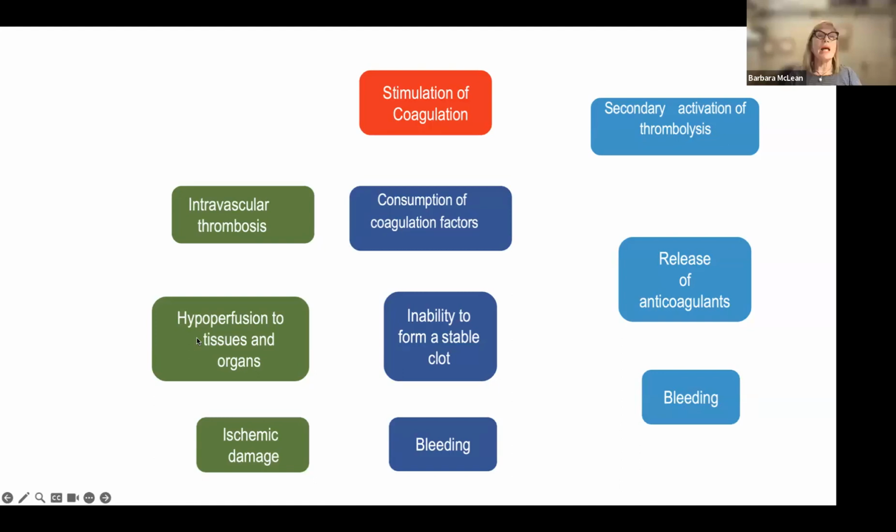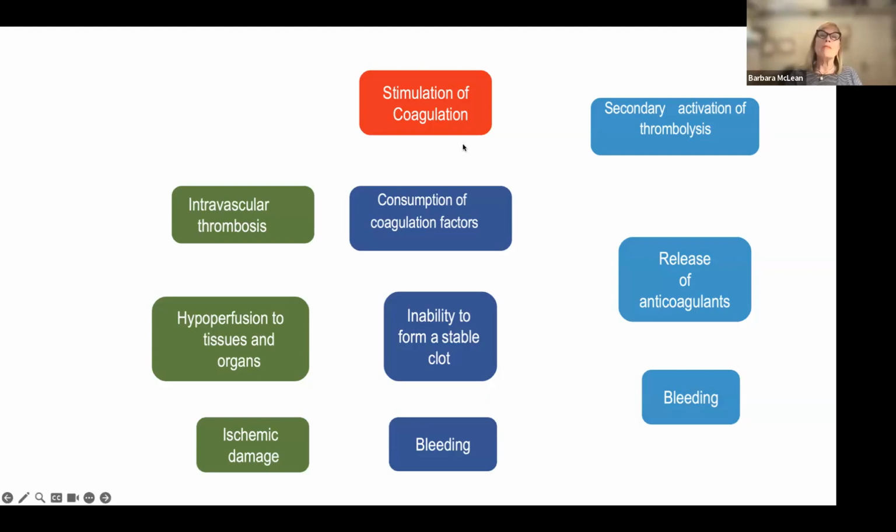You've consumed your clot, a stable clot, because you now can bleed more. You're consuming your clotting products, and with that consumption of clotting products comes an extra stimulation of fibrinolysis, which will further affect your ability to make a stable clot. Oh my gosh, it's such an amazing circus of pro and anticoagulation and pro and anti-fibrinolysis.